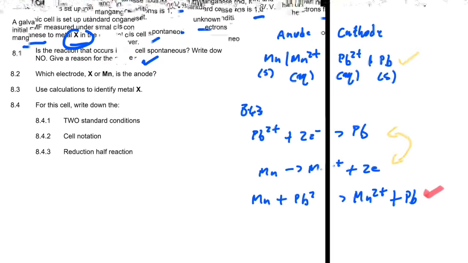If you look at the oxidation half reaction, we have 2 electrons. If you look at the reduction half reaction, we have 1 electron. So what you want to do in a case like this is to multiply by 2 where you have only 1 electron. So let's do that here at the cathode. We're going to have 2 Ag plus plus 2 electrons to give us 2 Ag.